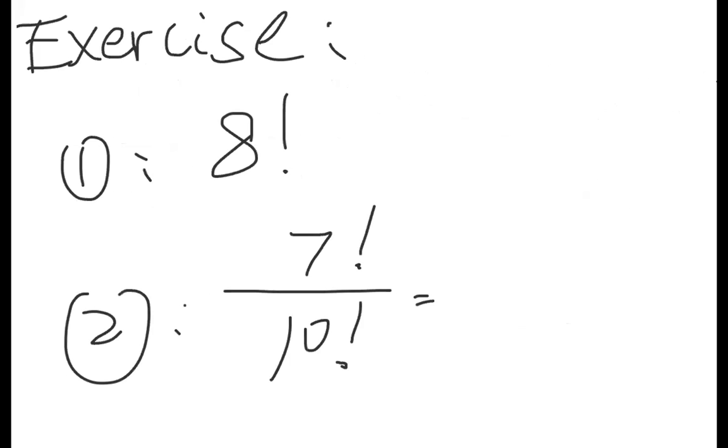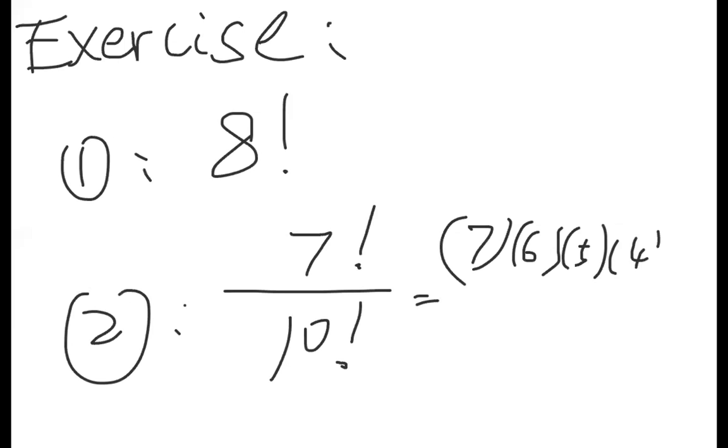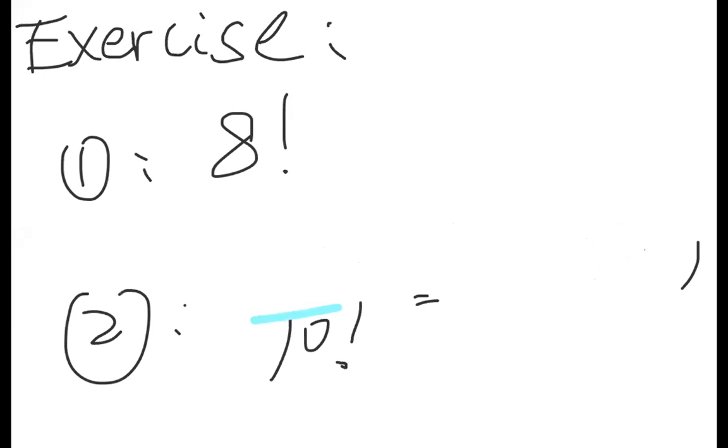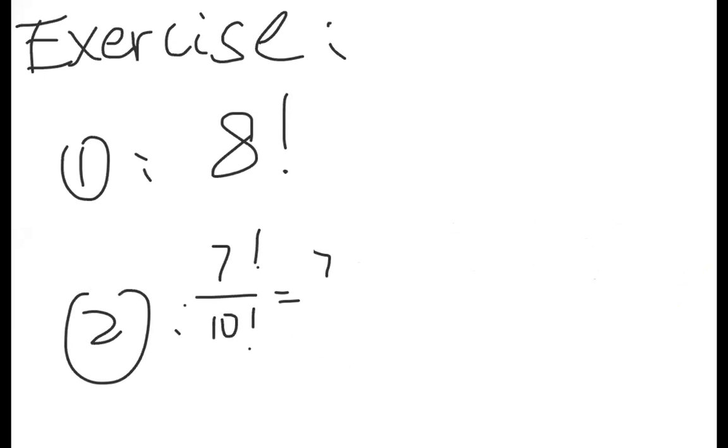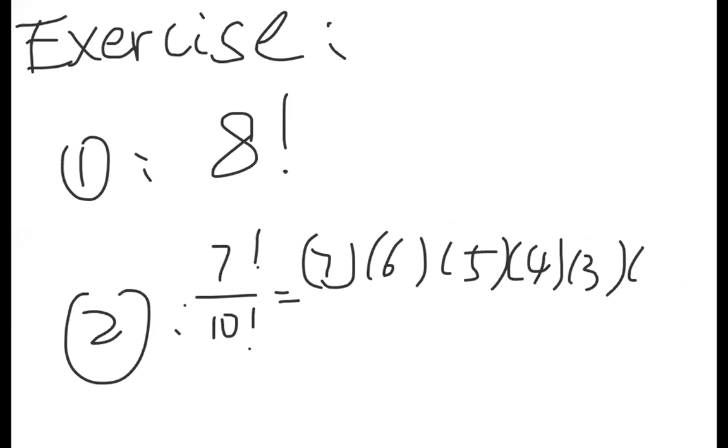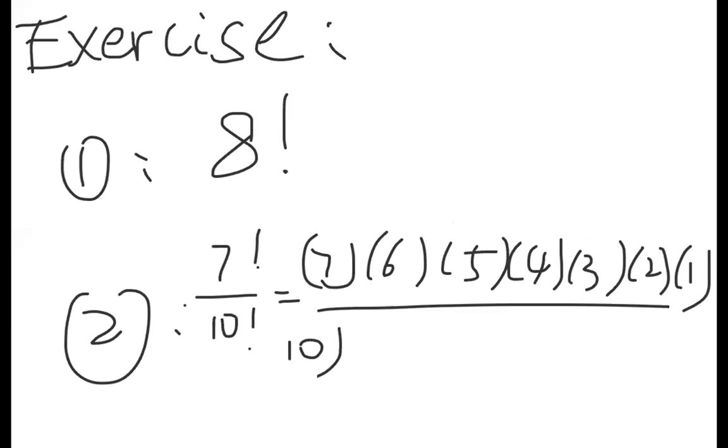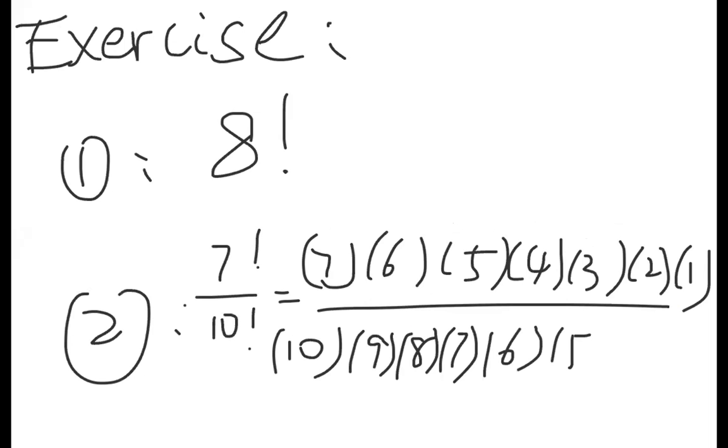So for the second one, when you write out the terms, divided by 10 factorial, just expand the terms. Then you can have cancellations.